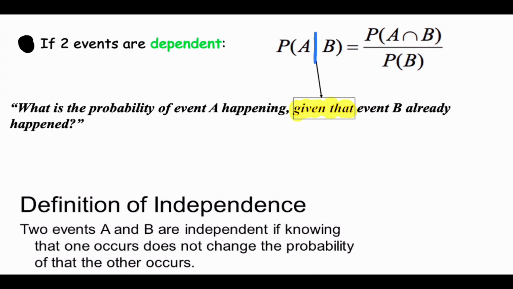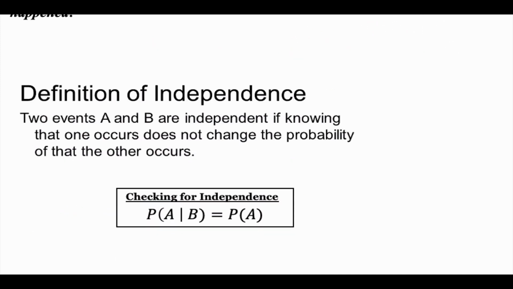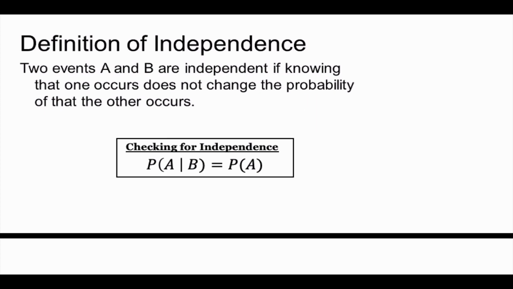The other big thing we're going to talk about this chapter is something called independence. We kind of talked about it last time, but now we're really going to get into it. Two events, A and B, are independent if knowing that one occurs does not change the probability that the other will occur.